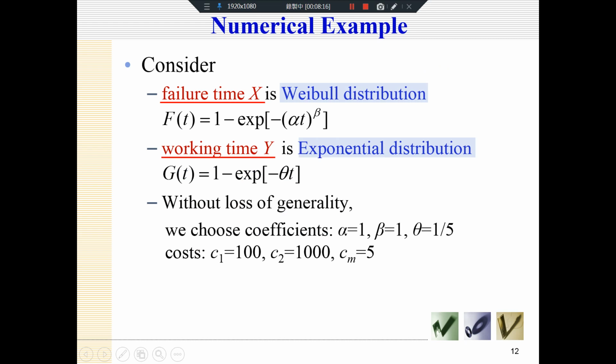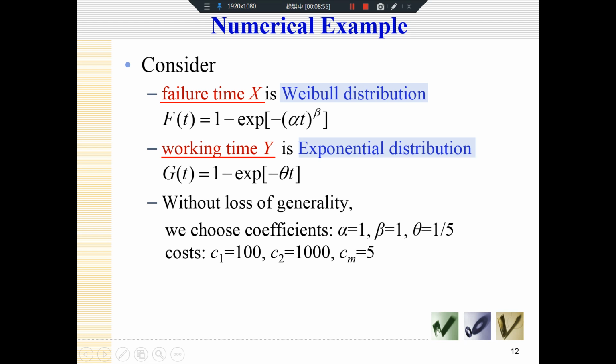Now we offer a numerical example to show our findings. Consider failure time X has a Weibull distribution F of t, and working time Y has an exponential distribution G of t. Without loss of generality, we choose coefficients alpha equal to 1, beta equal to 1, and theta equal to 1/5, and the costs are C1 is 100, C2 is 1000, and Cm is 5.